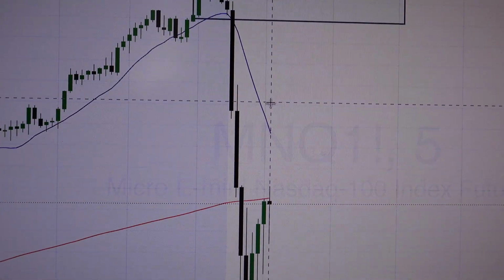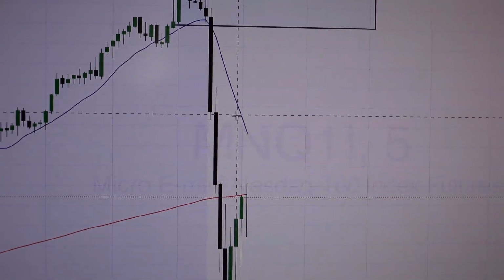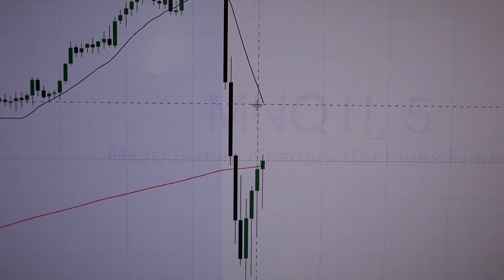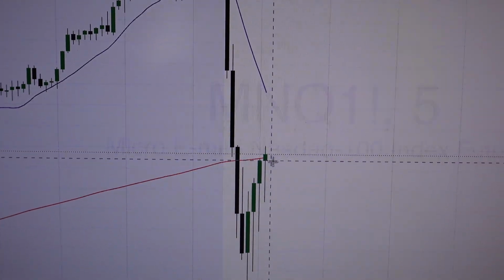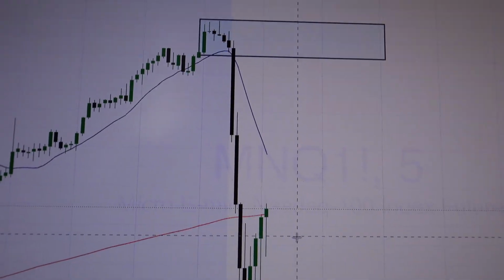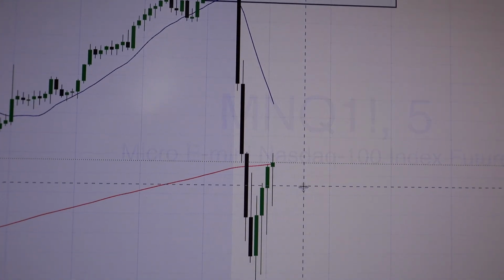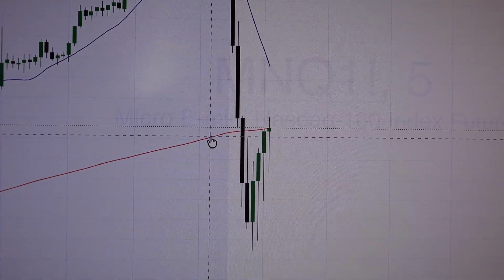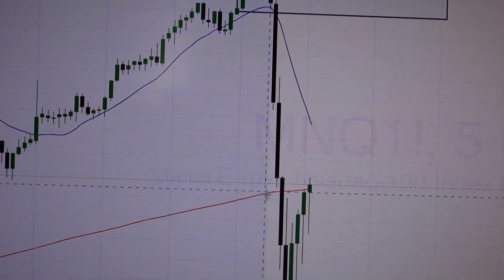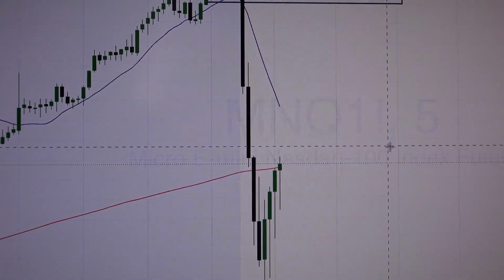And like I told you before, I'm waiting for this 13 SMA and 200 SMA crossover, and they're about to cross, getting closer together. That means the market is actually on a reversal. It's on a downtrend. When this 200 SMA goes on top and price is still going to the bottom, those are the signs for sales.